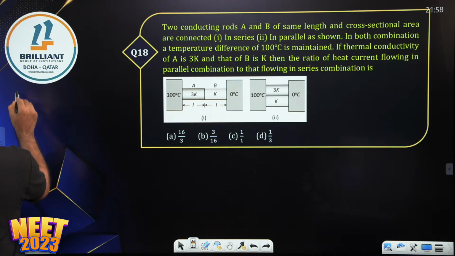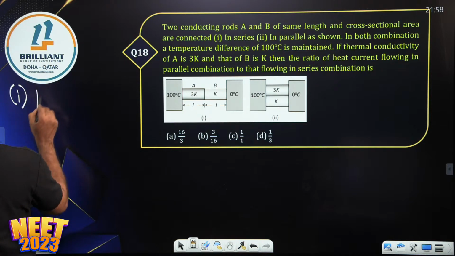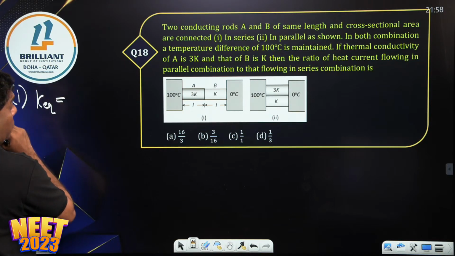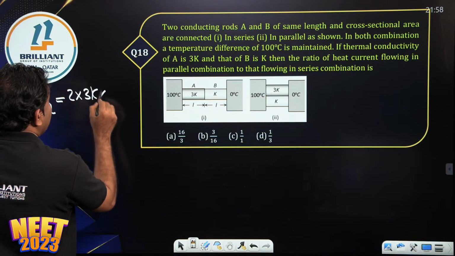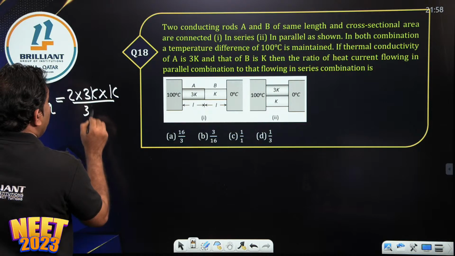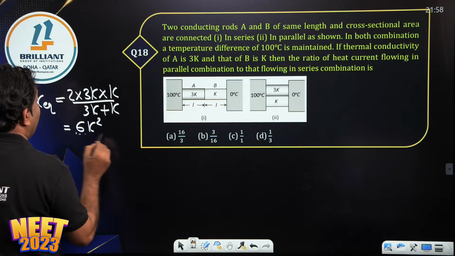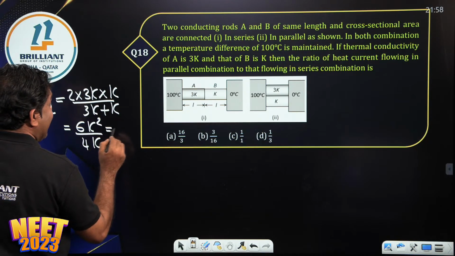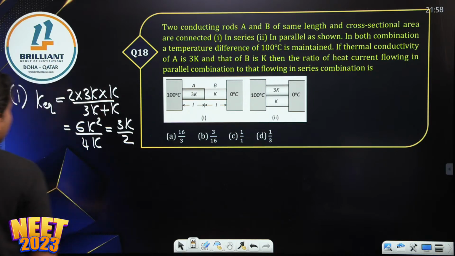First of all, series, that is the first case. In series, K equivalent is equal to 2 into 3K into K by 3K plus K, so 6K square divided by 4K, that is equal to 3K by 2. Now, what is the heat in the first case?